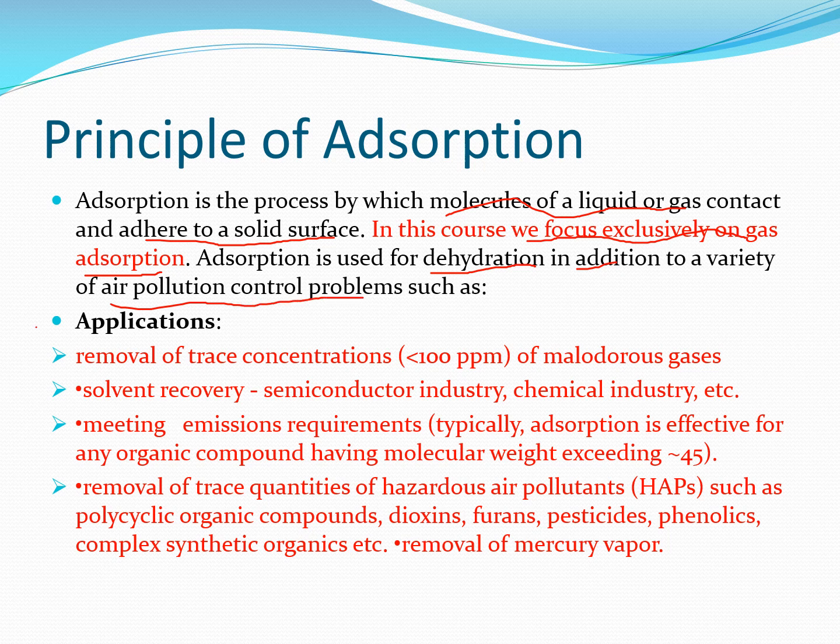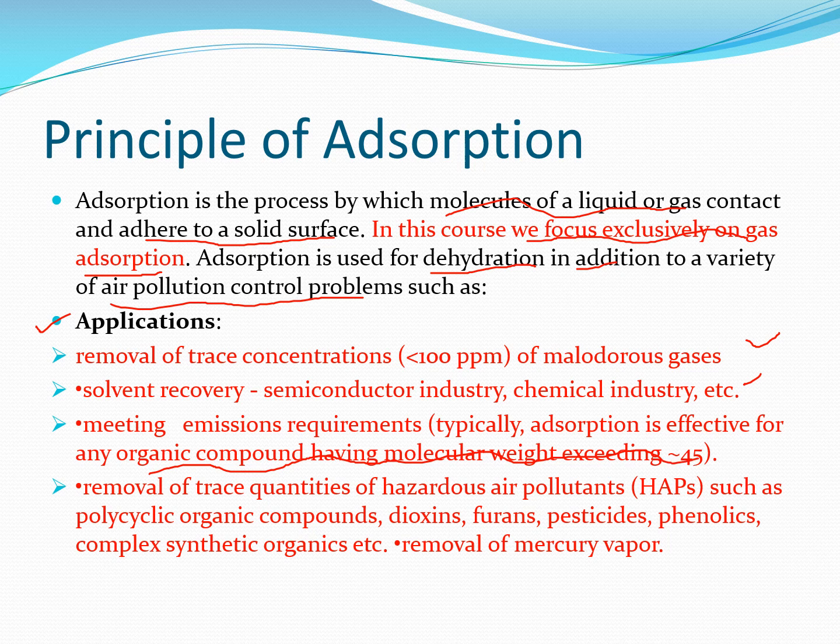So let us see certain applications of adsorption. What we can perform with adsorption: removal of trace concentrations of malodorous gases. Solvent recovery can be done, and it is used in the semiconductor industry and chemical industry. Meeting emissions requirements, typically adsorption is effective for any organic compound having molecular weight exceeding or equal to 45.